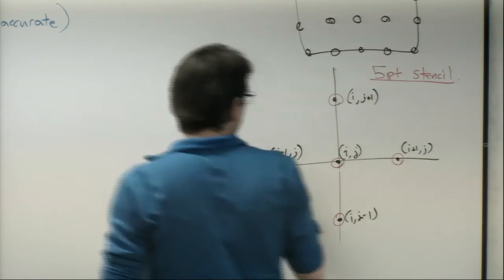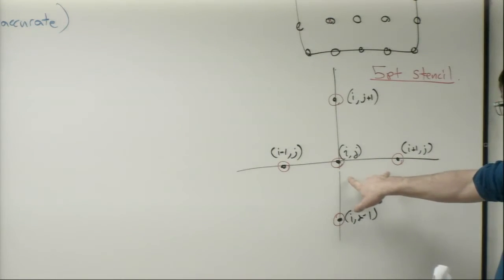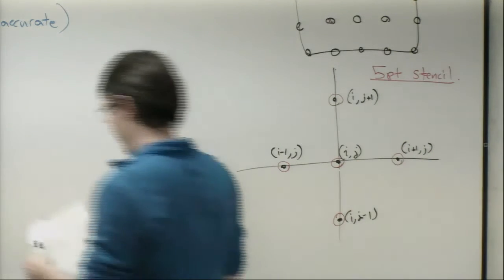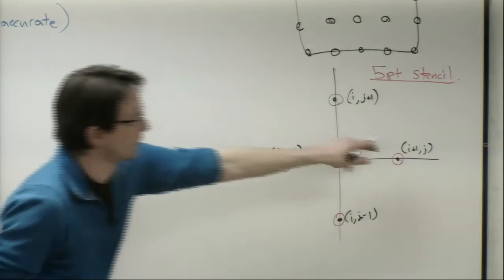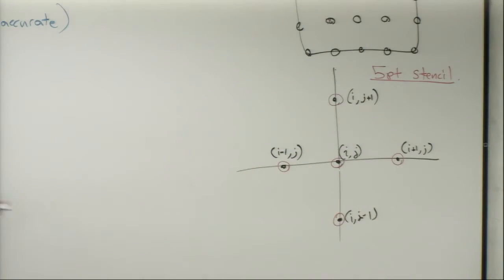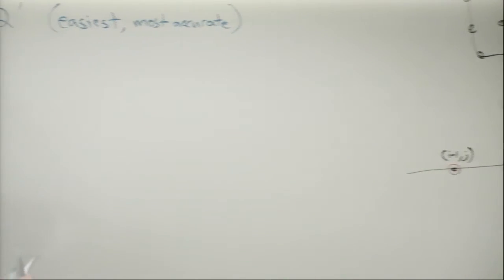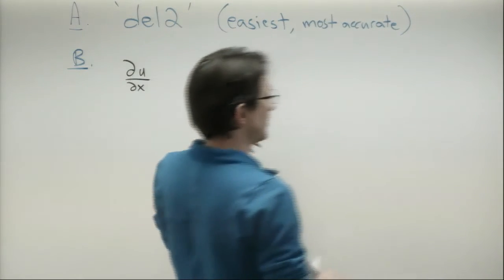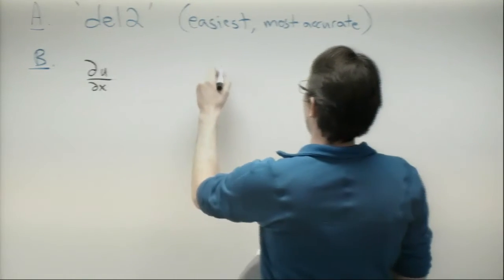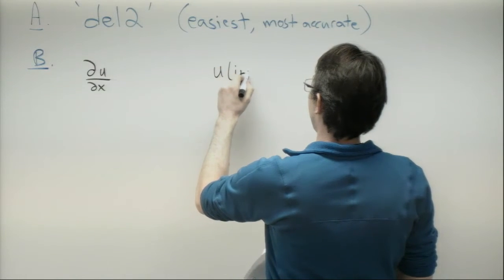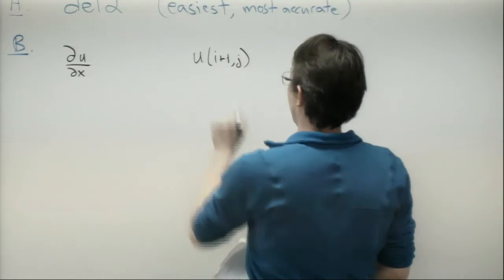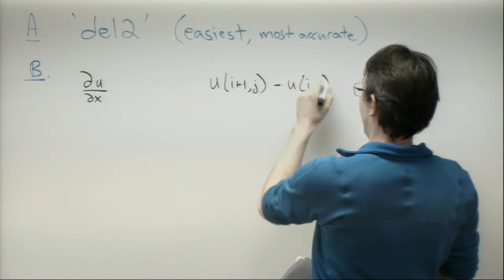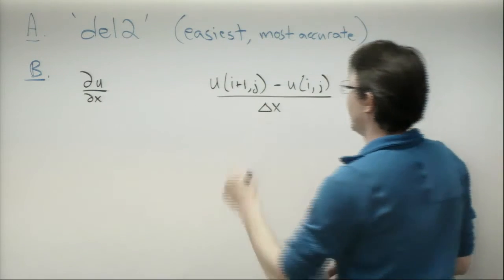Okay, so what is my partial derivative? What's my first derivative? I'm just going to write it down. So first I'm going to do my partial derivative in x. So partial u partial x is u i plus 1 j minus u i j divided by delta x.